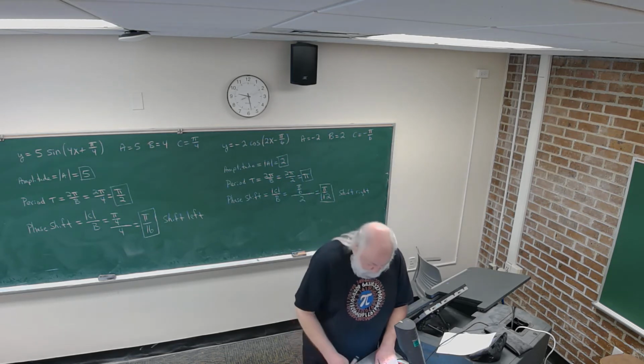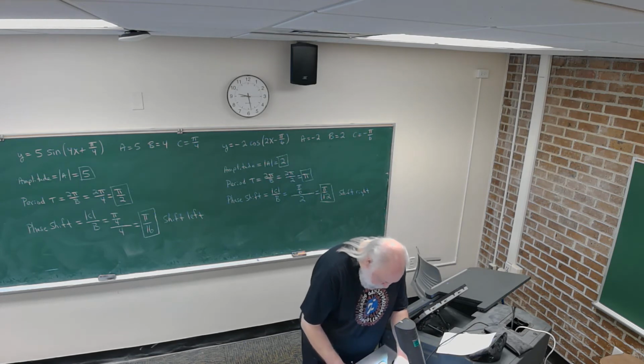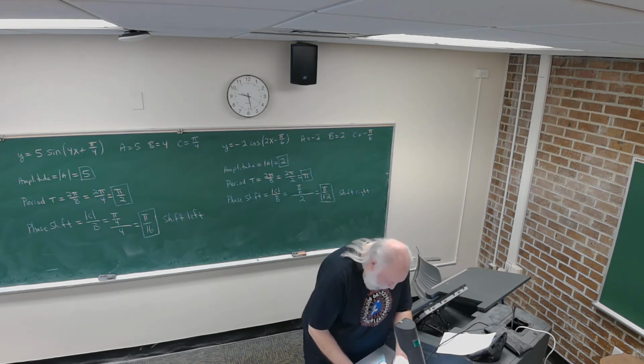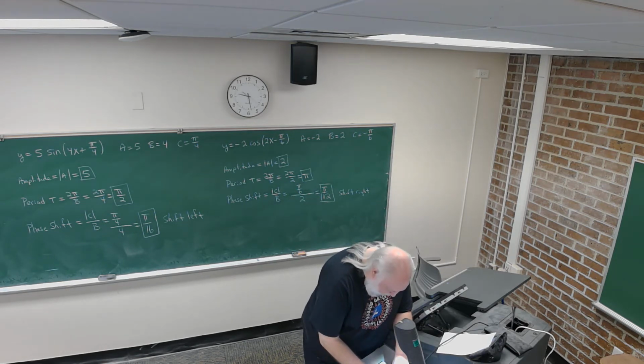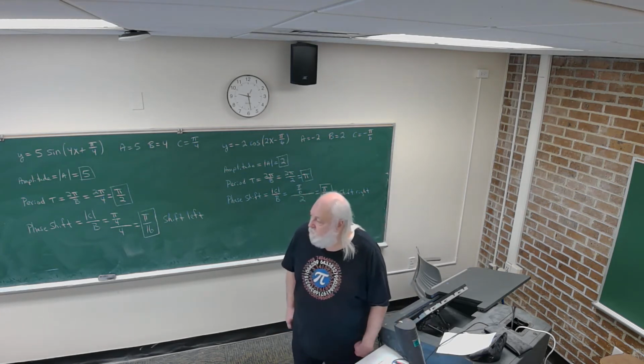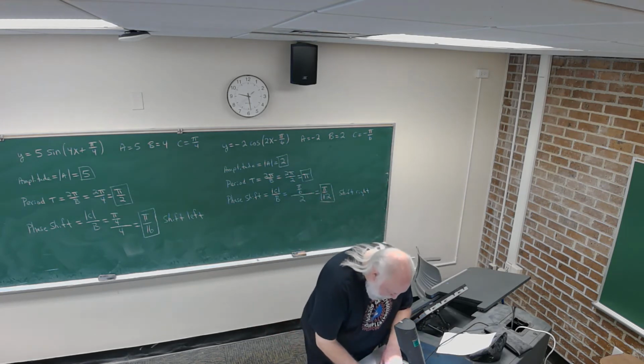So to find the average of pi over 8, maybe we'll do it down below. To find the average of pi over 8 and 9 pi over 8, you add them together. And then you either divide by 2 or multiply by 1/2. That's how you find the average of 2 numbers. Well, pi over 8 plus 9 pi over 8 is 10 pi over 8.